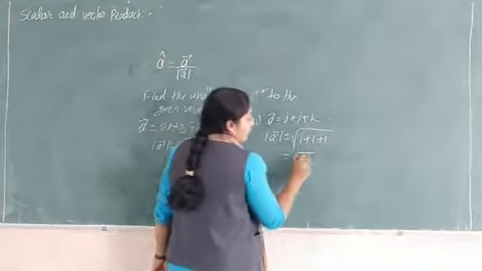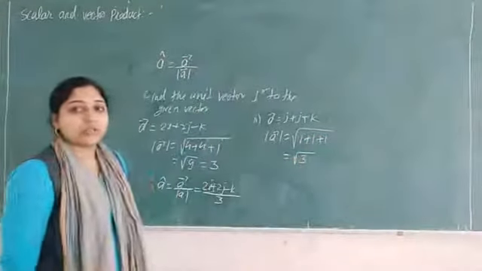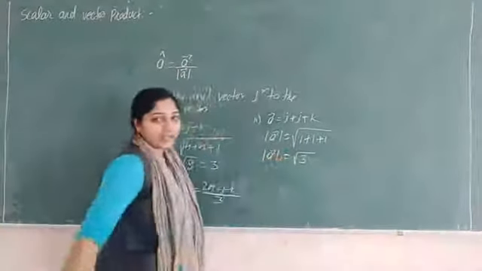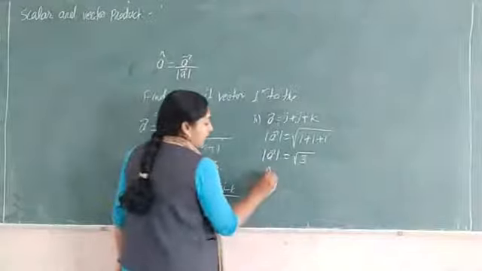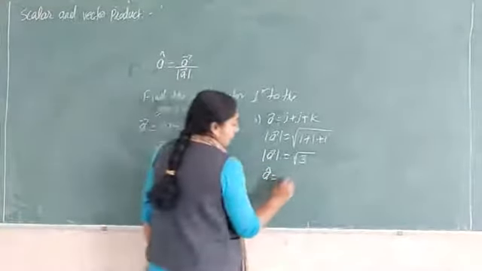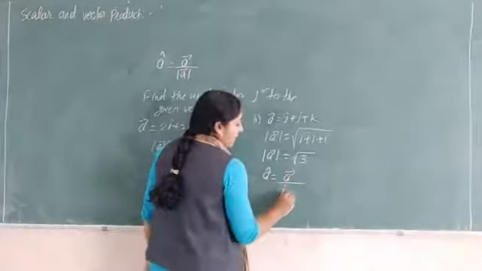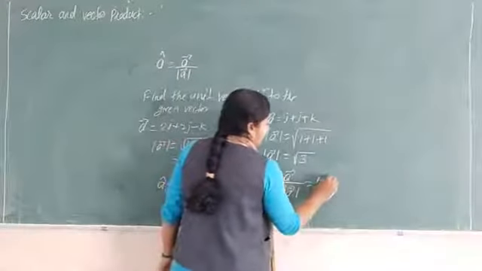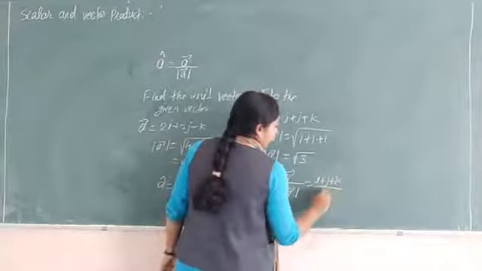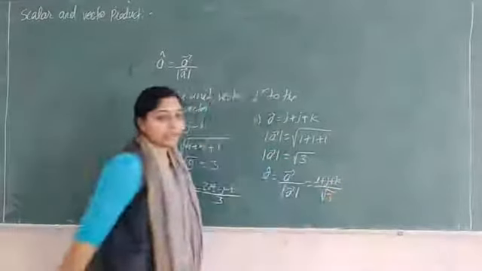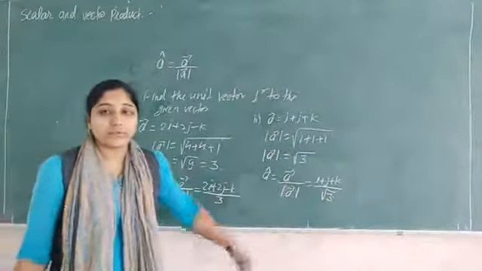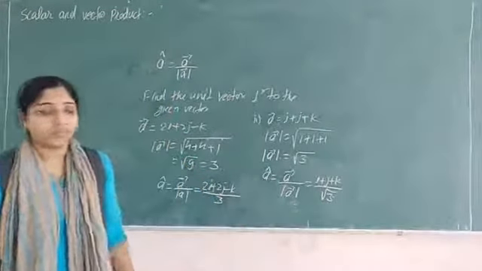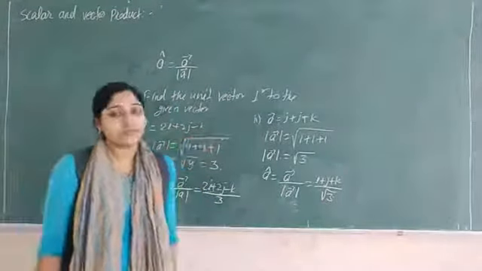So 1 plus 1 plus 1 gives root 3. This is the value of the modulus of vector A. Then the unit vector is given by vector A divided by the modulus of vector A. But what is vector A? i plus j plus k divided by the modulus, which is root 3. Root 3 is not a perfect square, so keep it as it is. So this is the value of the unit vector perpendicular to the given vector.